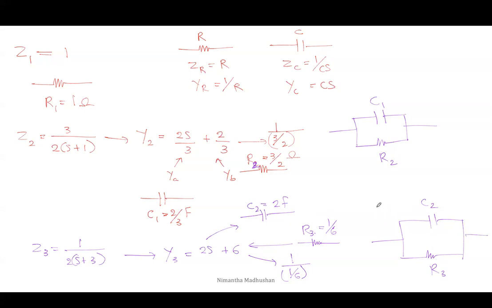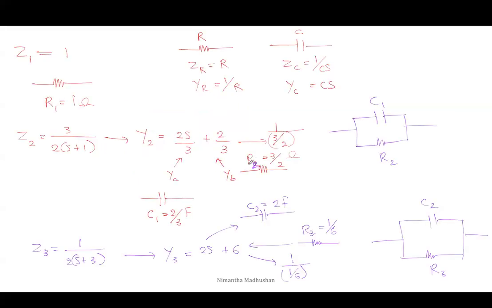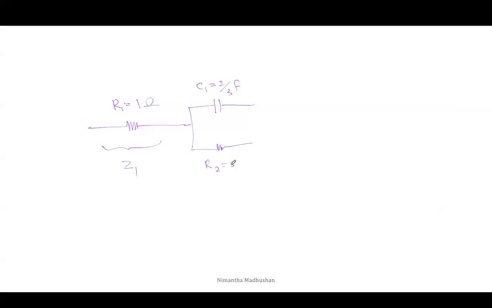Now we can draw the final circuit. Z1 is a resistor, R1 is 1 ohm. This is Z1 and the second one is Z2. C1 is a 2 over 3 farad capacitor and R2 is a 3 over 2 ohm resistor.